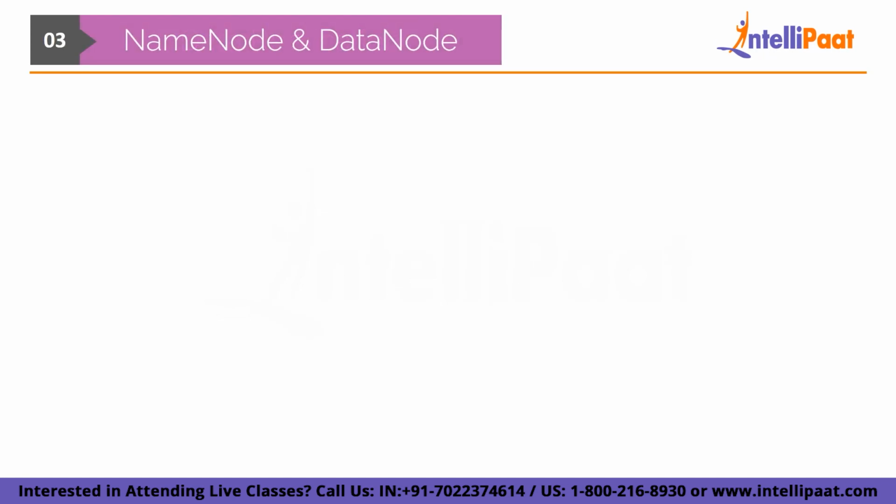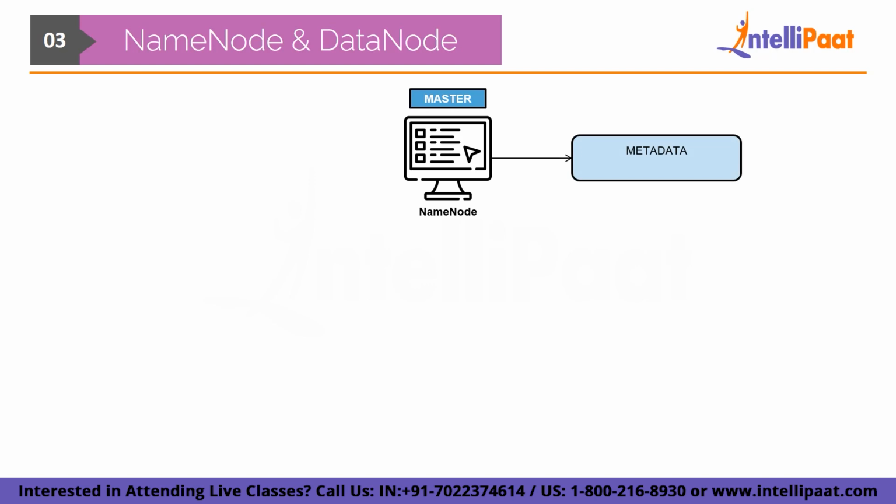Now let us understand two most important terminologies or components of HDFS. HDFS employs master-slave architecture in which name node and data node are the two main type of nodes. In a Hadoop cluster, the name node serves as the master and directs the data nodes. The primary purpose of name node is to store metadata or information about metadata.